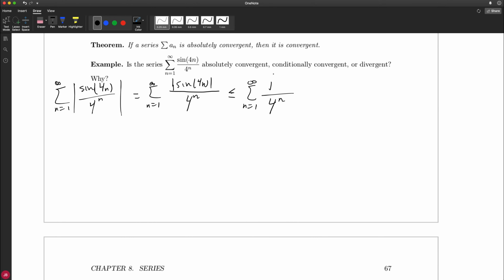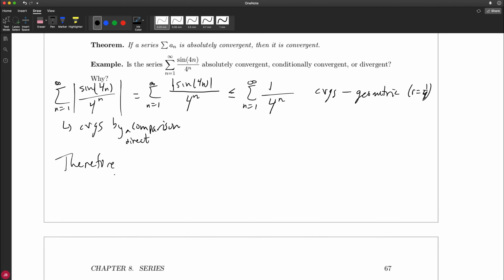This series here way on the right over here, I know this converges. Can you think of why? It's geometric with r equal to 1/4. And so the sum of the absolute values here is less than a convergent series, and so this series converges, and therefore, I'm sorry, this converges by comparison, or direct comparison if you like.